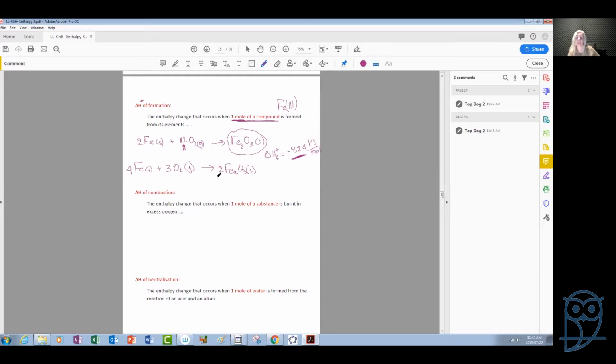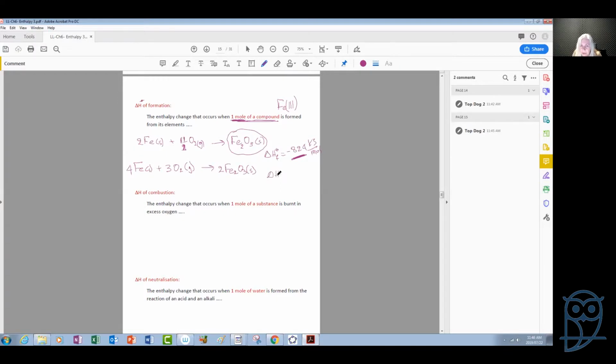This would be our proper equation, how we would write it in chemistry usually. But then we should pay attention. If they were to give us the standard enthalpy of formation of iron oxide, that would be for 1 mole, and they don't want us to get confused.